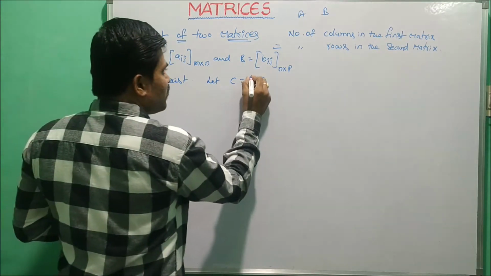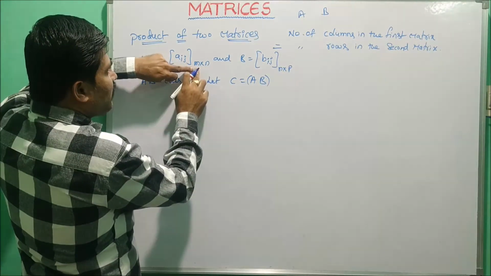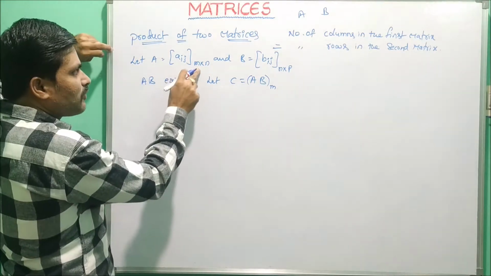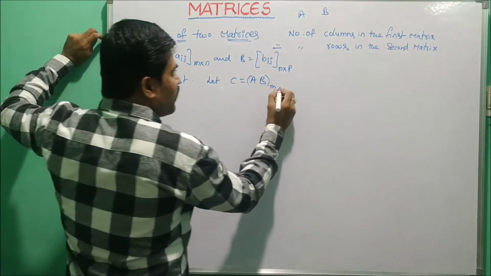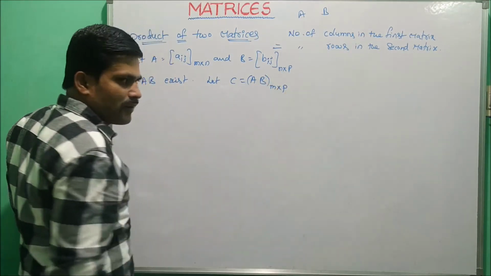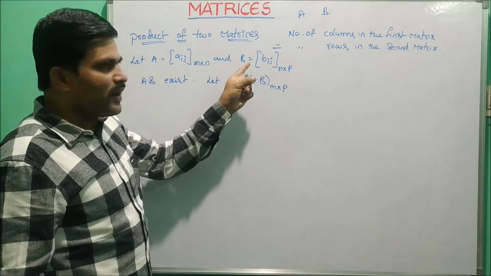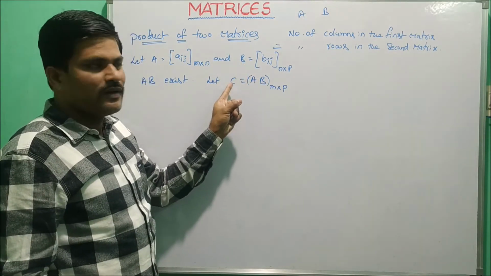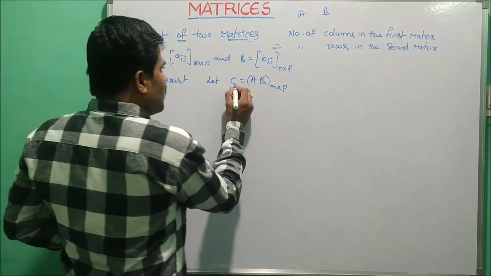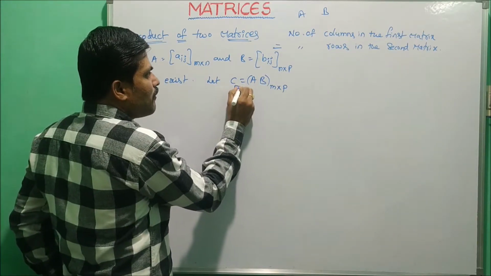Here we observe the order of AB: the number of rows is m, that of the first matrix, and the number of columns is that of the second matrix, p. So the product of these two matrices is denoted by C equals AB, which is of order m by p. That means the new matrix has order m by p.